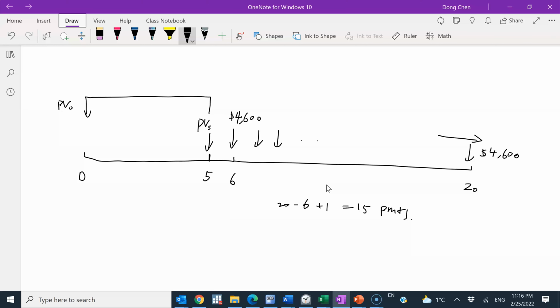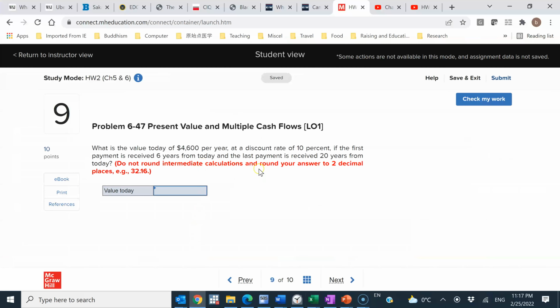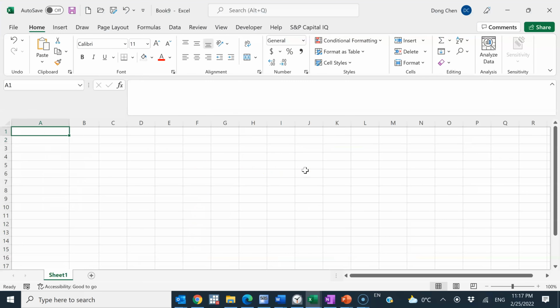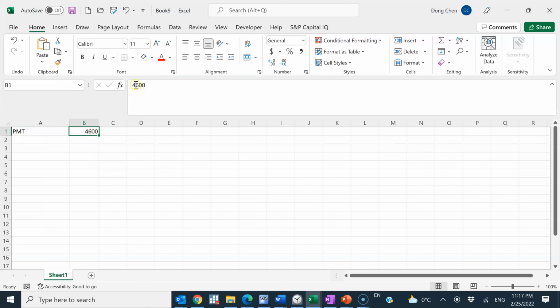We can call this PV subscript 0. Now, getting back to using Excel to solve this question. The first step is to put everything into the right place. The payment, which is the annuity payment, is 4,600, and we can add a dollar sign there.